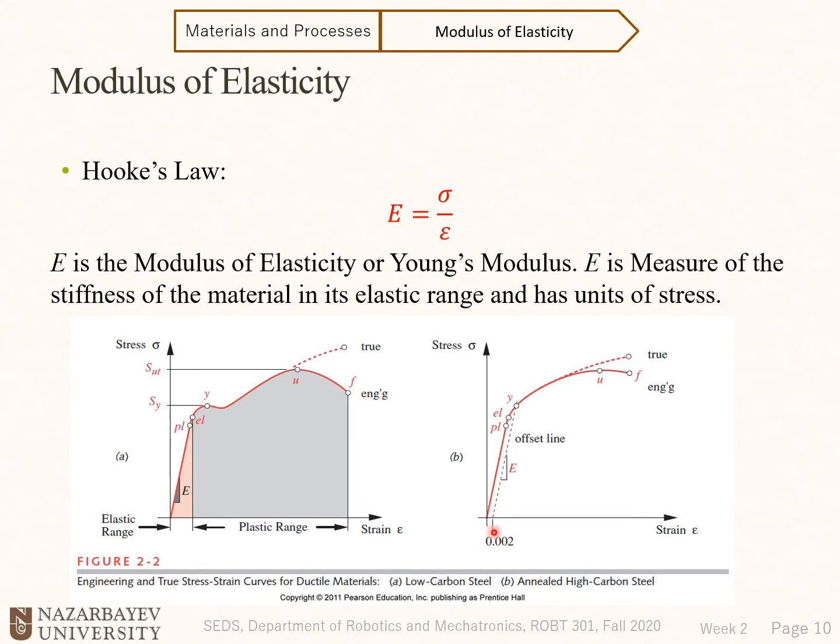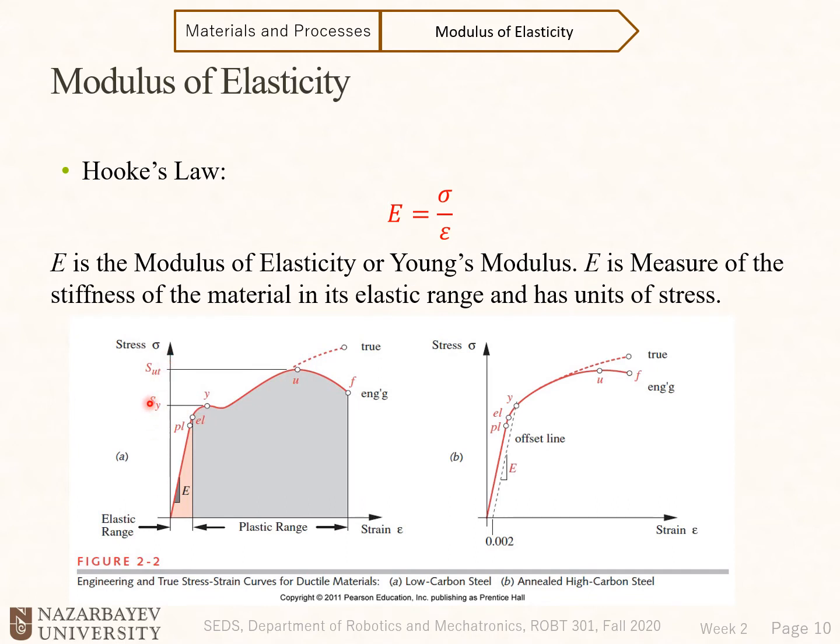So here again, you could see the Young's modulus, and you could see the fracture point. We have other important points on this graph, and we want to know what these points are.